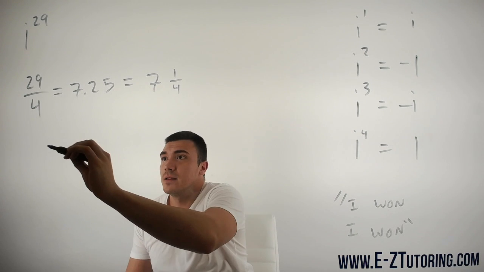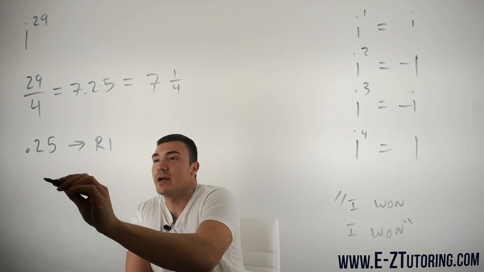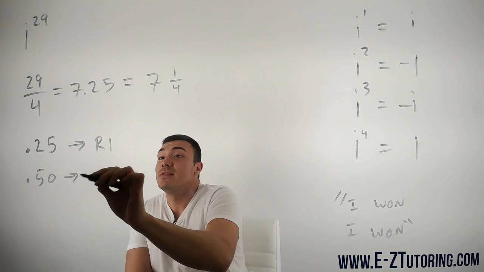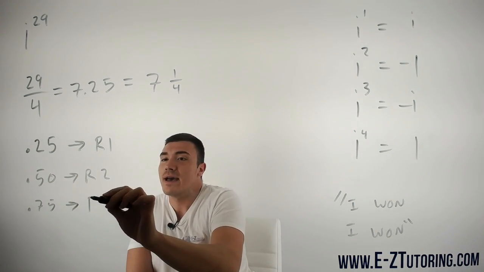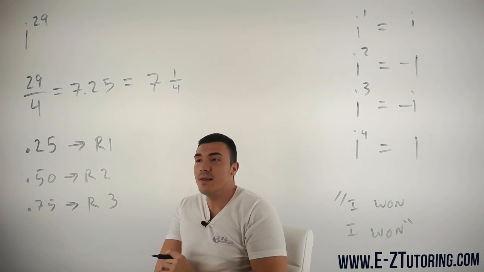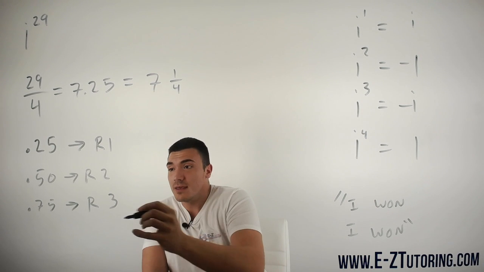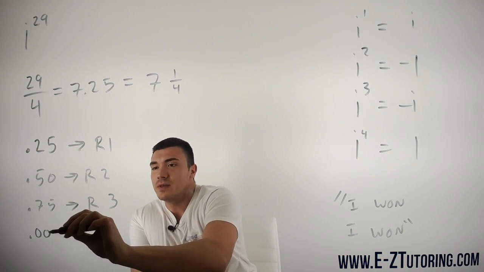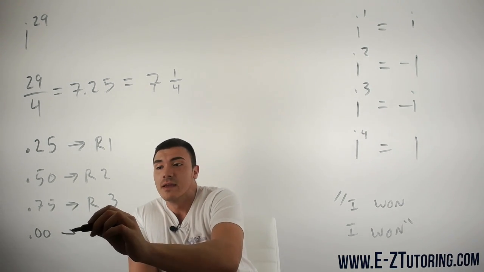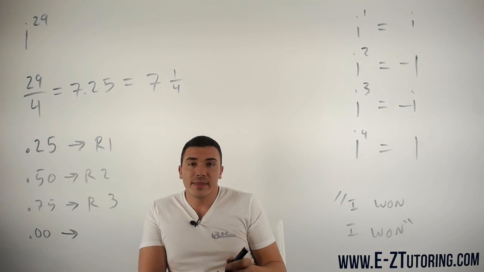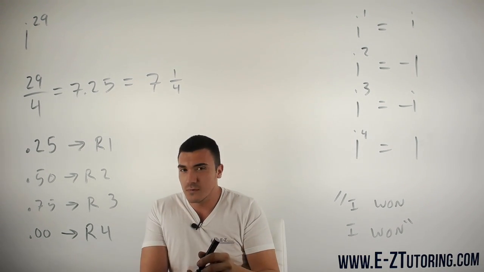So I'm going to go ahead and write this down. 0.25 means you have a remainder of 1. 0.50 means you have a remainder of 2. 0.75 means you have a remainder of 3. And having nothing, just 0.00, if it goes in evenly, a good way to think about that is you could say that you have a remainder of 4, because 4 over 4 is 1.